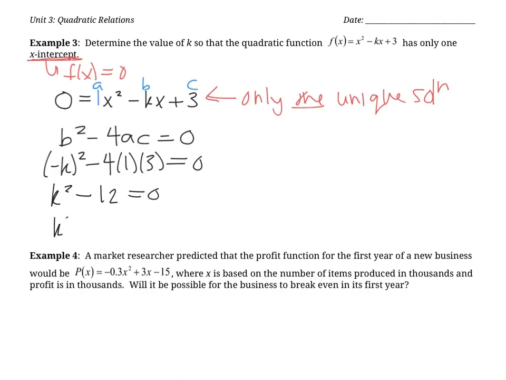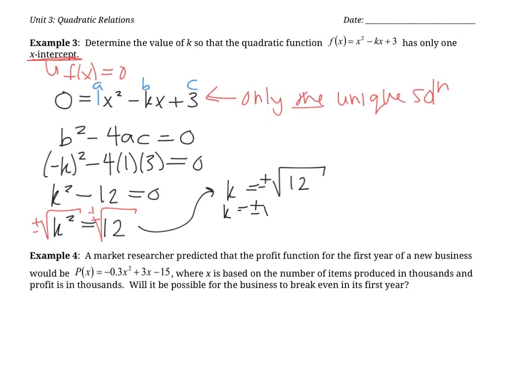Keep on solving this. We have k squared is equal to 12. And keep on going. If we take the square root of both sides, we are going to get that k is equal to, don't forget your plus or minus sign, plus or minus the square root of 12. And we know from our previous lessons on radicals how to simplify this. We know that there's a perfect square in there, which is 4. So let's break this up into k is equal to plus or minus the square root of 4 times 3.